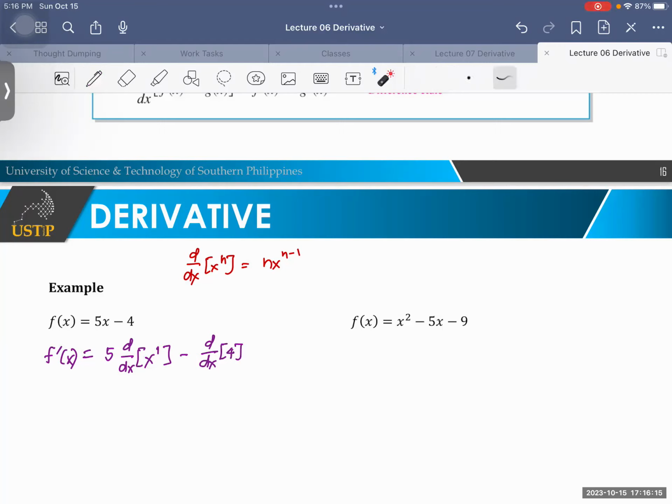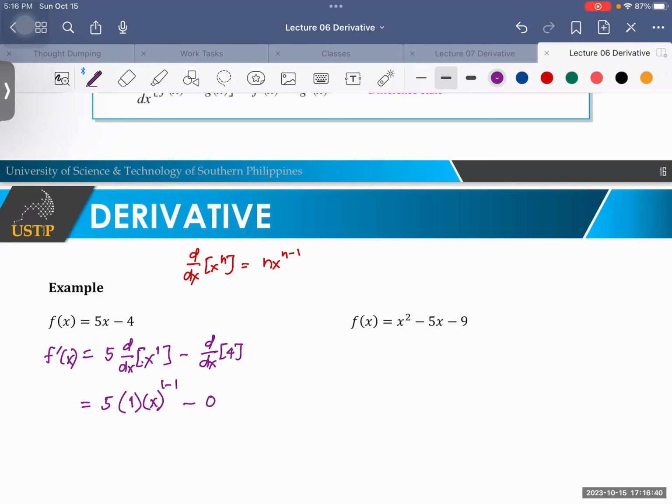So, we start with this x. Now, 5, class, the derivative of this x is just, bring down 1, okay? Copy x, then raise to 1 minus 1, okay? Minus the derivative of 4, class, or a constant function, which is always equal to 0.